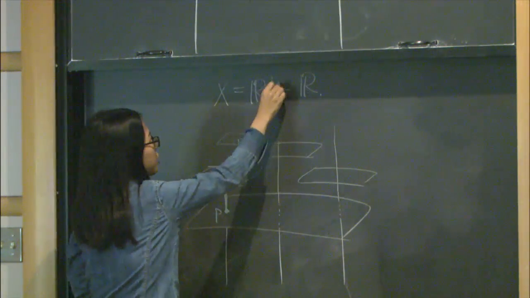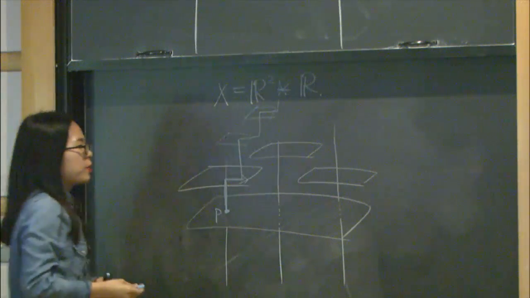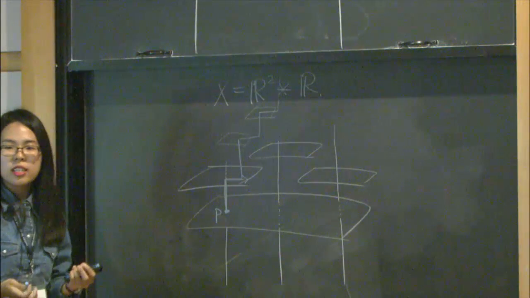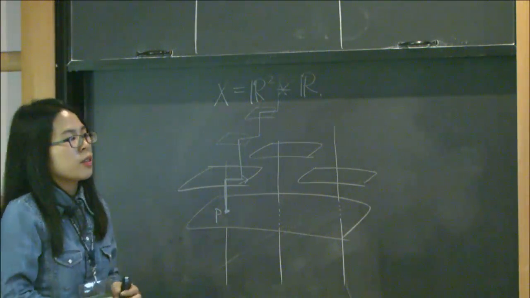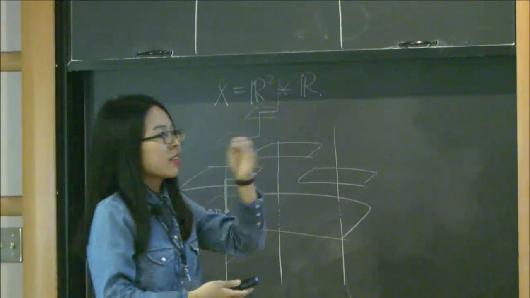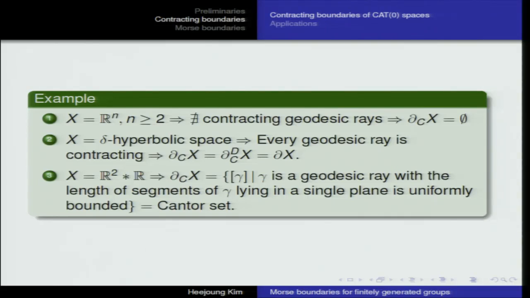It should be like this to be a contracting ray. So the contracting boundary consists of geodesic rays where the length of the segments of gamma lying in a single plane is uniformly bounded. It should keep moving. So it is actually a Cantor set.